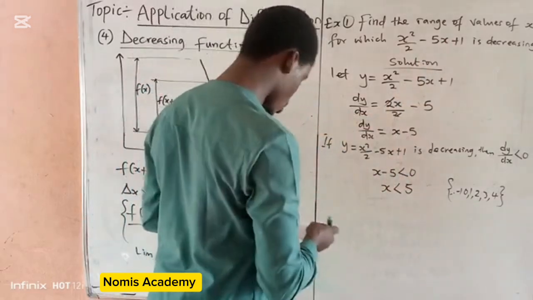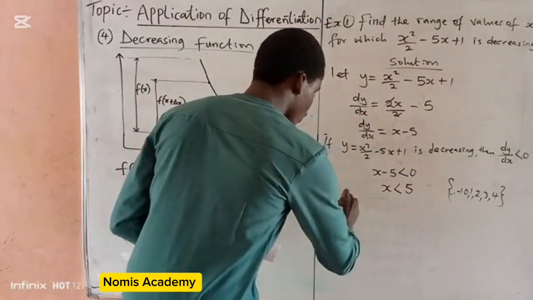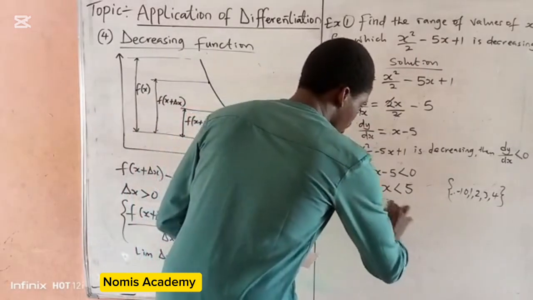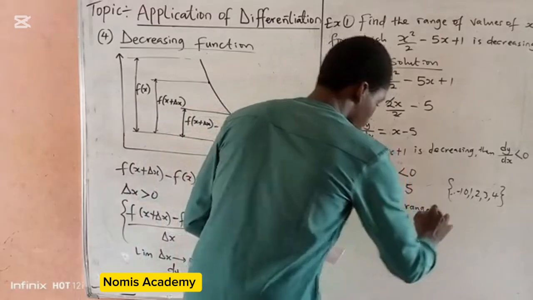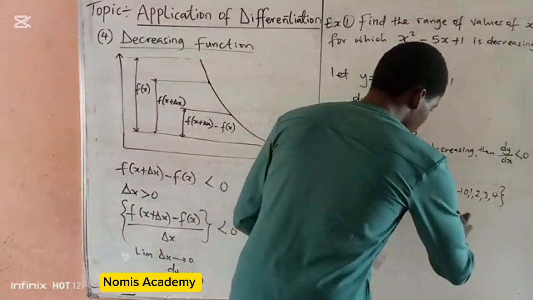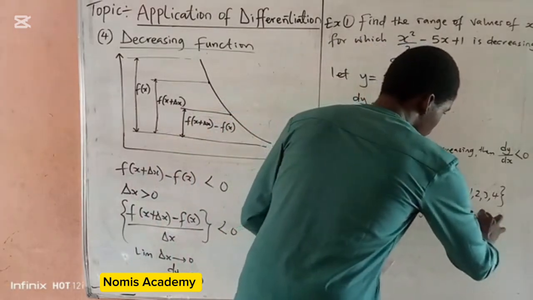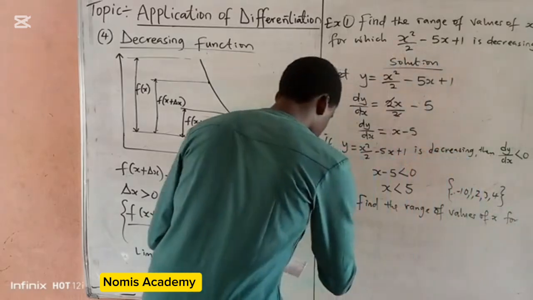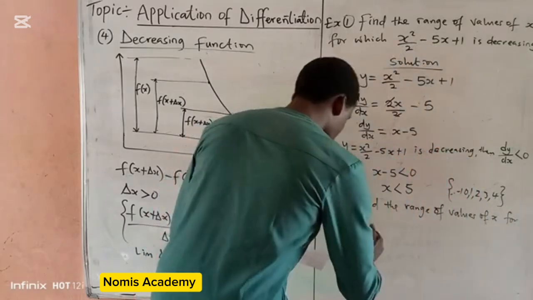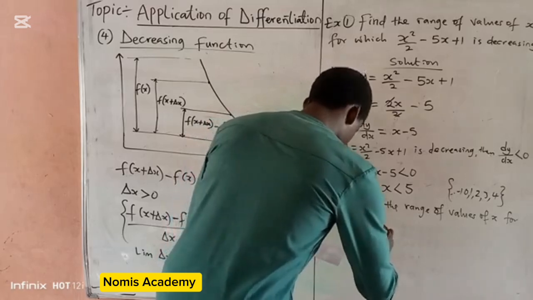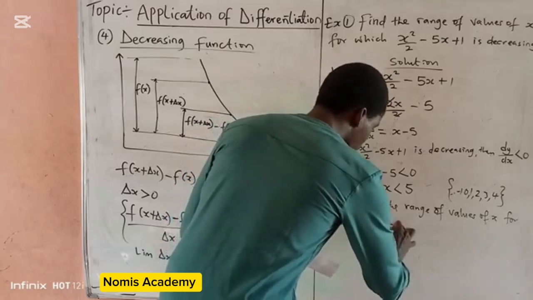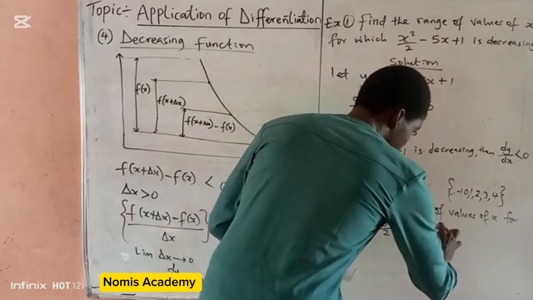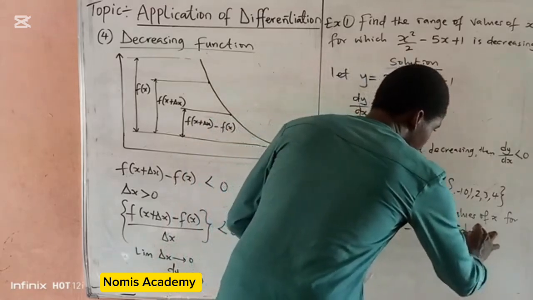Let's take example 2. Example 2. Find the range of values of x for which x cubed minus 5 all over 2x squared minus 2x plus 1 is decreasing.